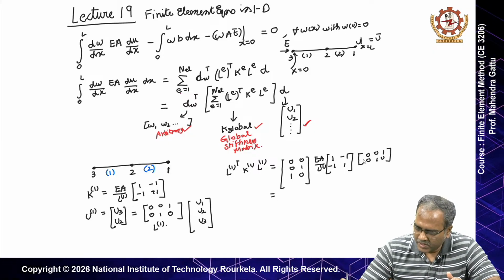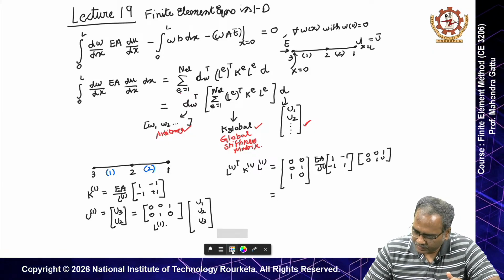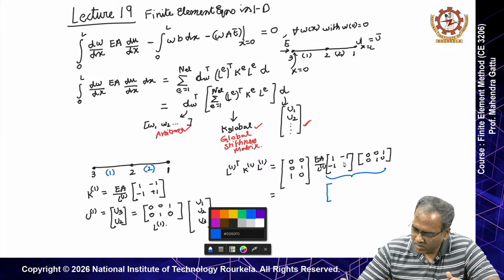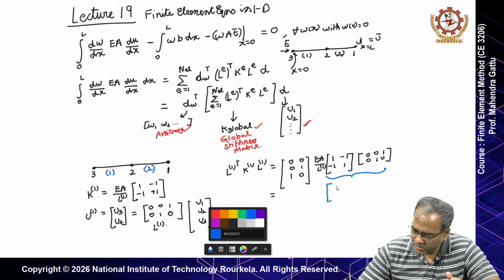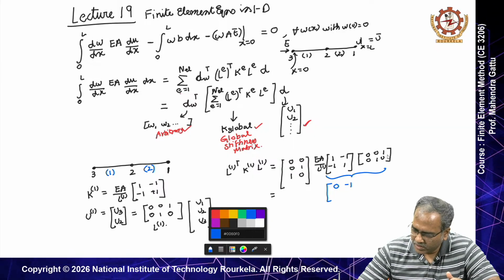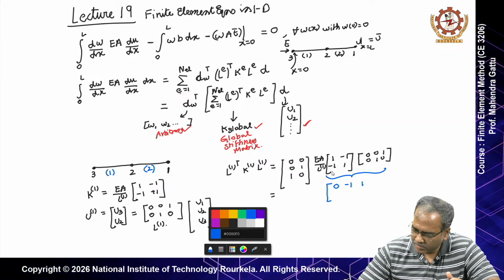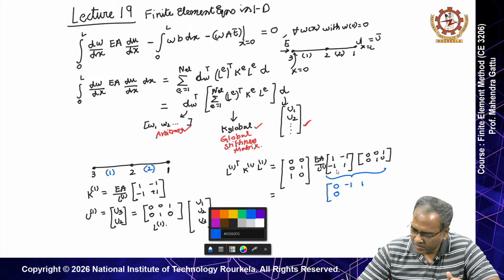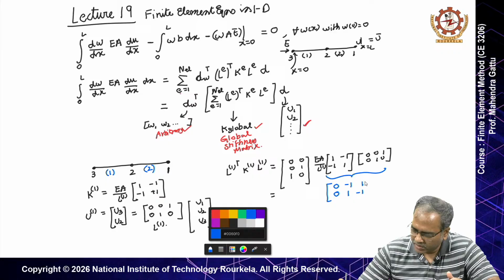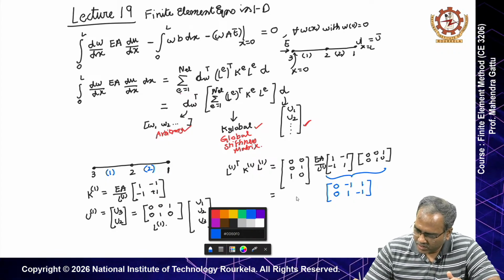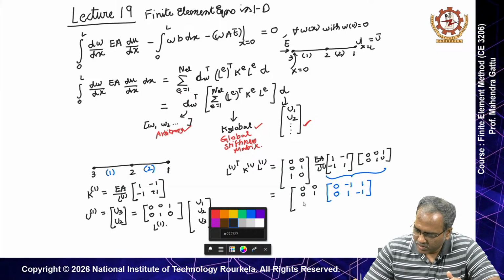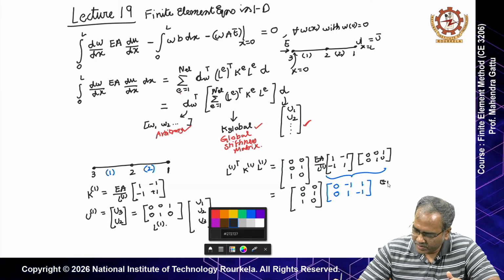If you do the multiplication of the first two terms, we get 1 and minus 1, then 0, and 1 into 0 minus 1 into 1 gives minus 1, 1 into 1 gives 1. In the second row, minus 1 into 0, both terms are 0, and minus 1, and we will get plus 1 and minus 1. Again we multiply with L1 and EA by L1 is there.